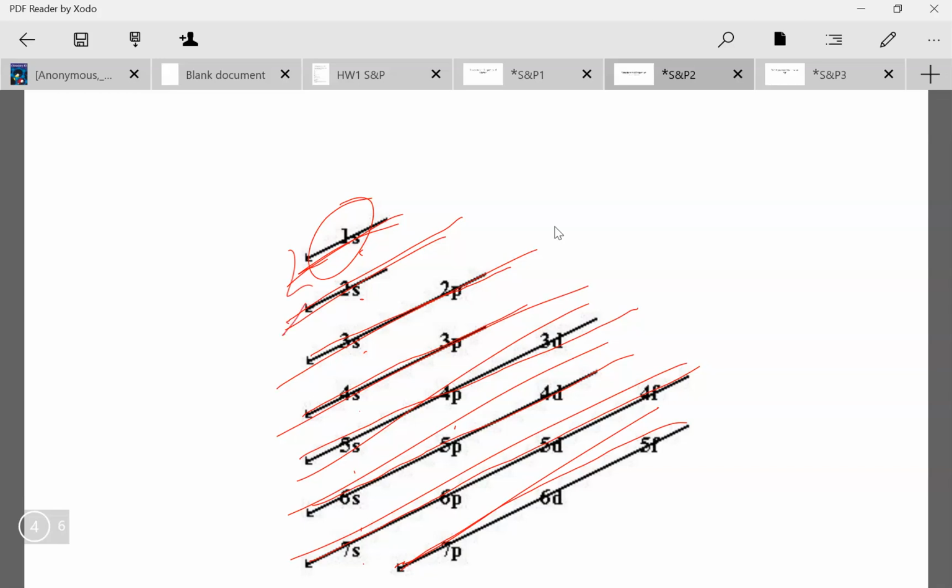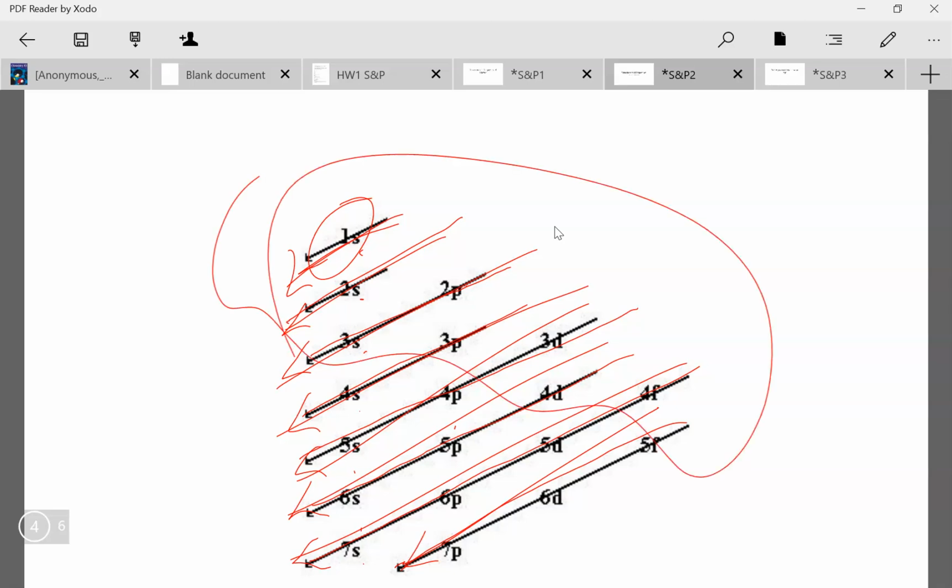You just follow the arrows. I don't particularly like this method because it involves carrying this little thing around with you all the time. So there is an easier way to say which order these orbitals are being filled, so we're going to do it that way.